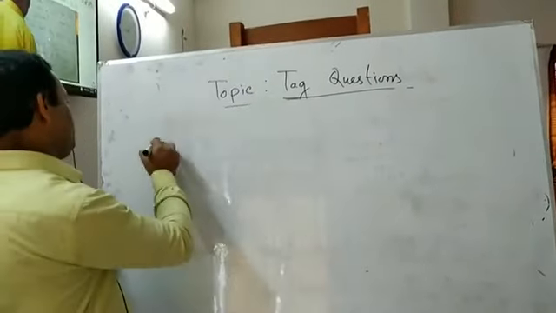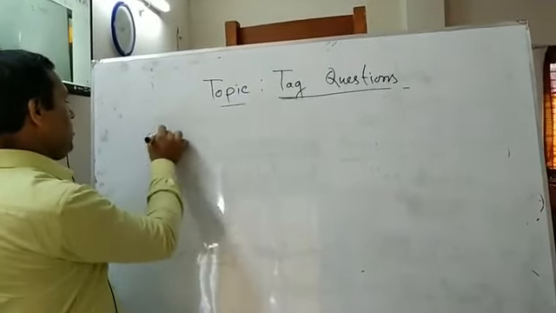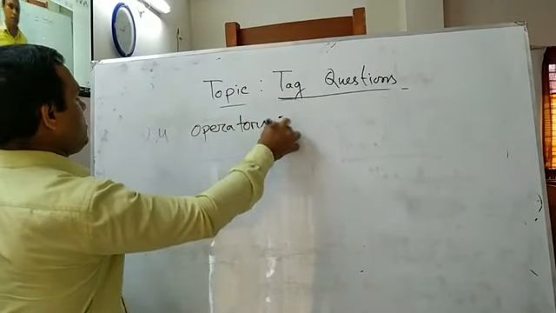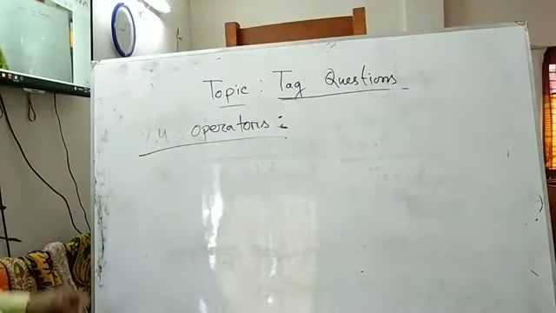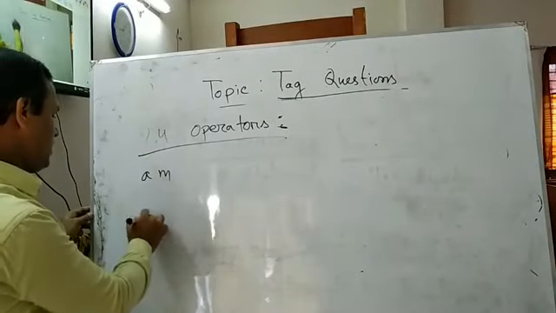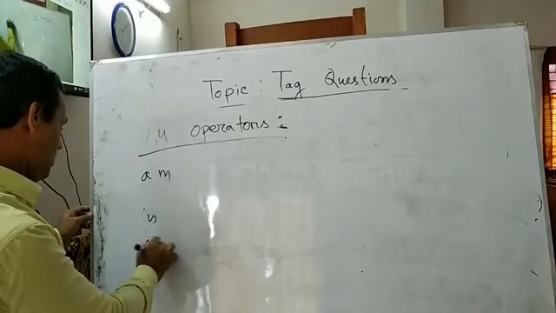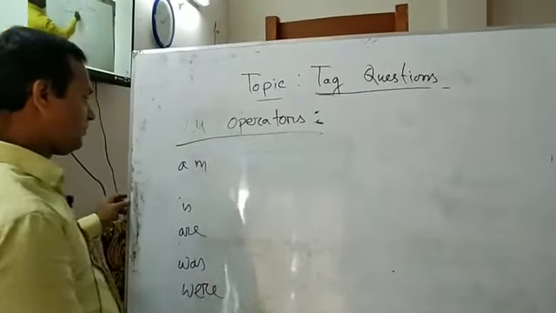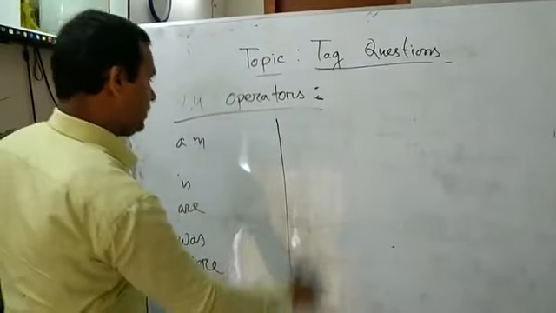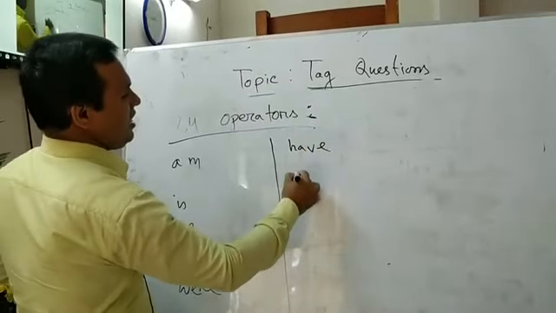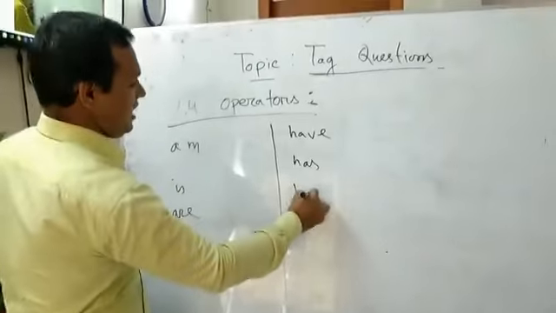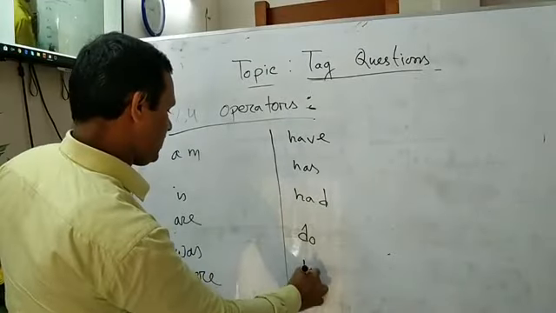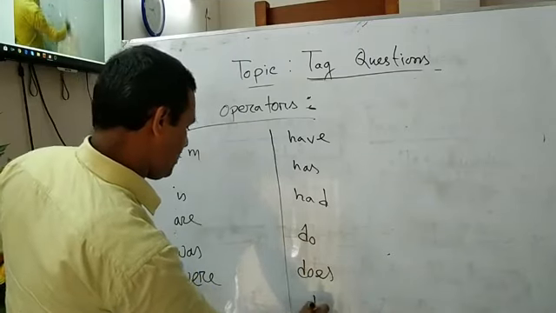What are they? 24 operators: am, is, are, was, were, have, has, had, do, does, did.